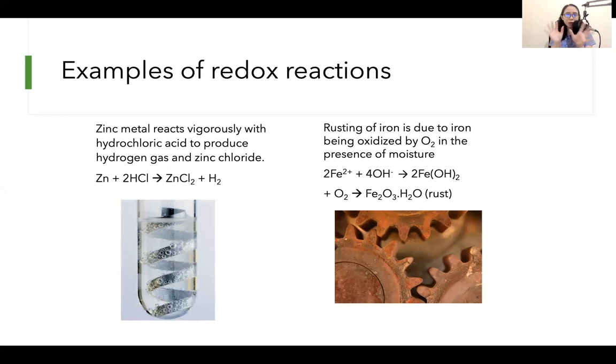Of course, wear your proper protective equipment like gloves and goggles. You have hydrochloric acid in muriatic acid, and you should be able to observe the formation of gas or bubbles. This is due to H2, or hydrogen gas, produced from the redox reaction of zinc metal and hydrochloric acid.